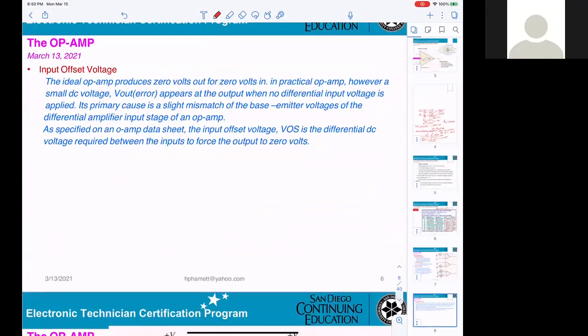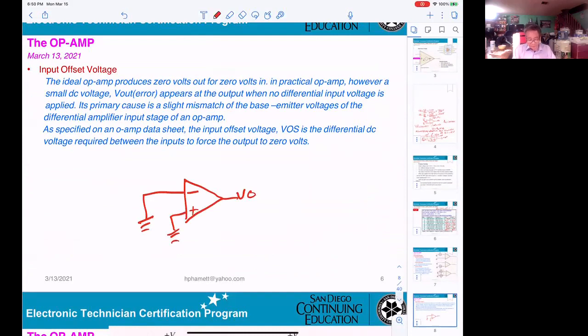Okay, let's see. Output offset voltage. If we connect the op amp this way, as I show you here, what is the output supposed to be?